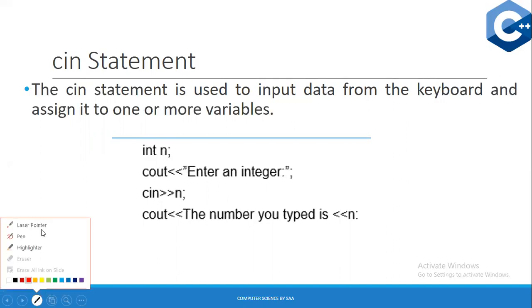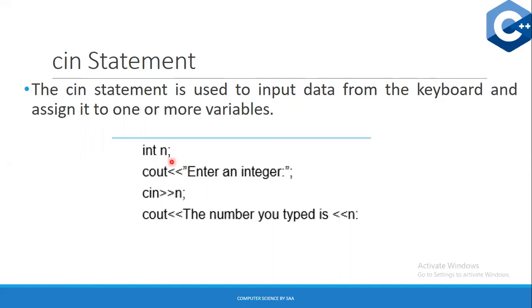You can see we have declared a variable int n. Then with the help of the cout statement, we have displayed a message, enter an integer. Whatever value the user enters will be stored in the variable n with the help of the cin statement. And then we will display the value that the user had entered.